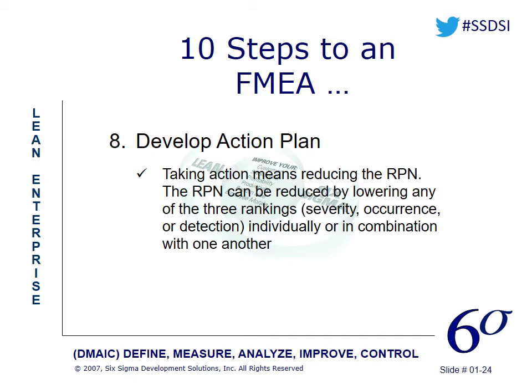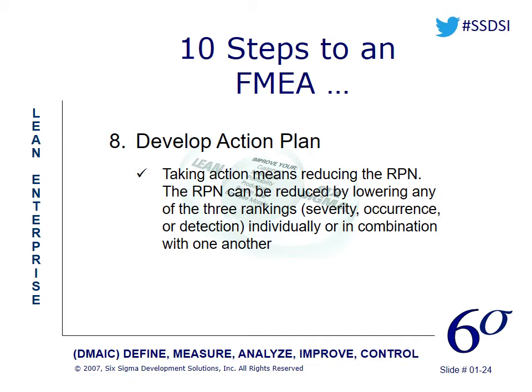And that's going to be that RPN score, the highest to the lowest. So we're going to sort that RPN score descending to understand what are those risks that we really need to focus on. What do we need to improve?